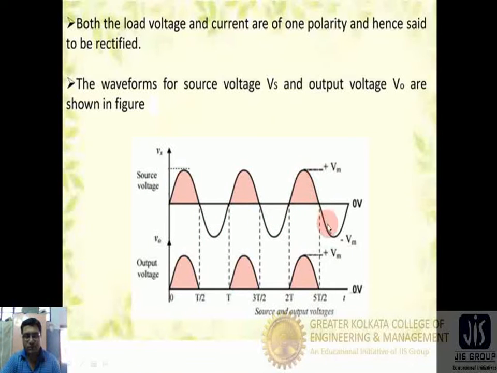It is the input signal, and the frequency is the same. It is the output signal of the half-wave rectifier, and Vm is the peak voltage of the input signal. So we can get almost the same peak voltage in the rectified output of the half wave rectifier.